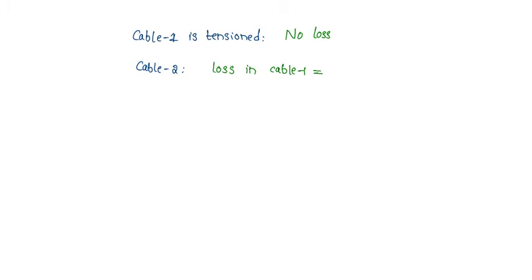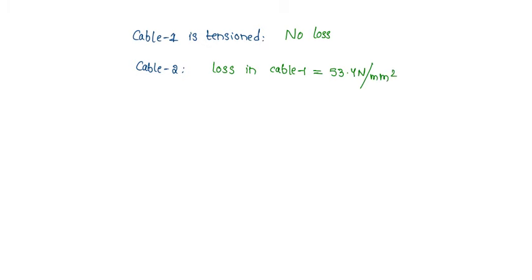When cable 1 is tensioned, then no loss, whereas when cable 2 is tensioned, there is loss in cable 1, which we have obtained as 53.4 Newton per mm square.